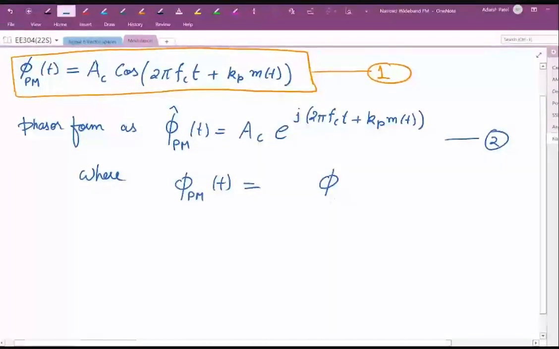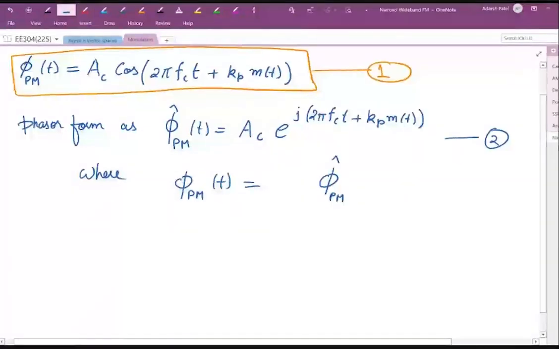What should I write in here, addition? What is the relation between the two of them? How should we write phi_PM(t) in terms of phi_PM bar? What should I write here?